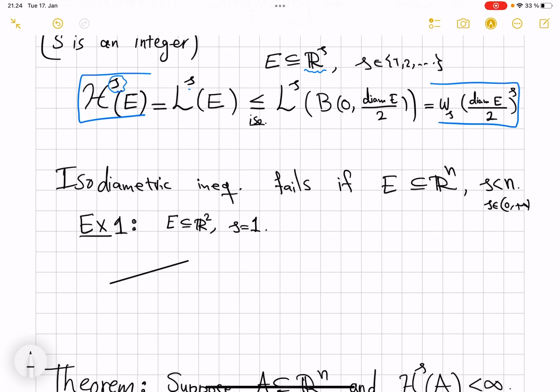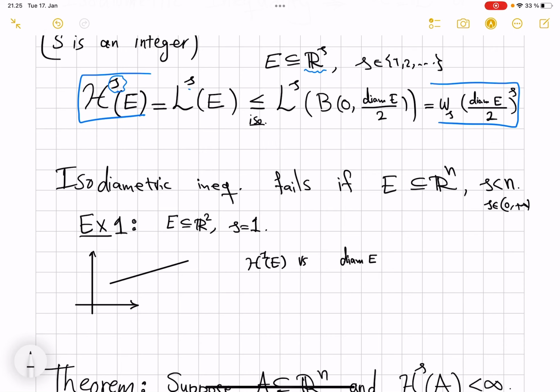So this E is a line segment sitting inside R^2 and it has some H^1 measure. We want to compare it to the diameter of E. Here ω_1 is equal to 2, which kills that 2 in the denominator, so the H^1 measure is really just the diameter. You can see that they agree for line segments.